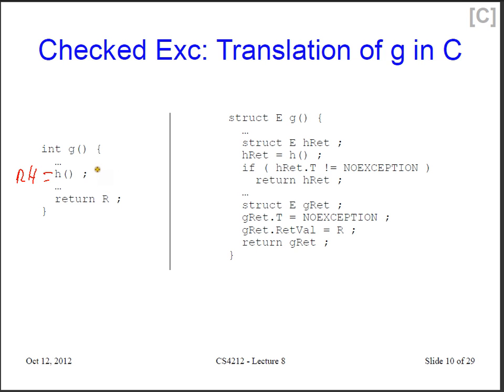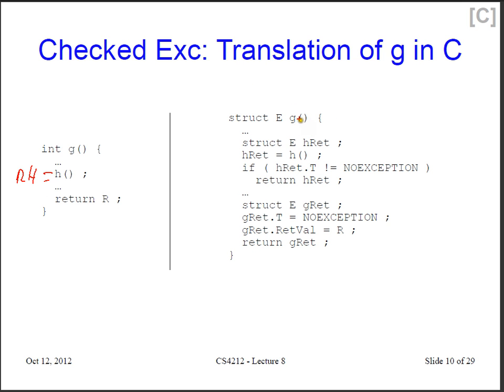Nevertheless, G has to be instrumented. Now, if we have the source of G, this is no big deal. We're still happy because all we have to do is recompile G. The compiler will figure out that H might return an exception, might yield an exception, and we'll decide to instrument G as it recompiles. But we won't be able to use G in a readily compiled form, in a compiled library.